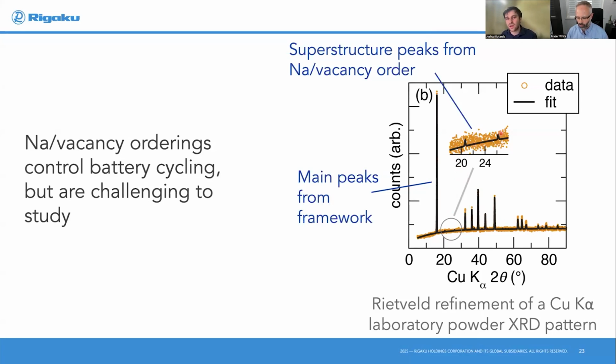And in this scan with the lab XRD that we were using, the peaks that we expect to see are hidden in the noise. There's really no information we can get about that superstructure ordering from this scan alone. So again, critically important, but very subtle to see with diffraction.